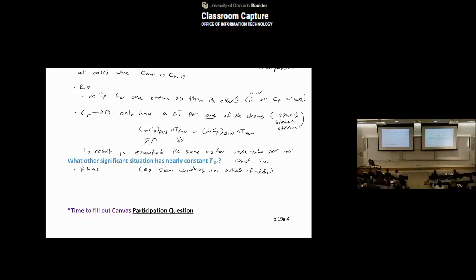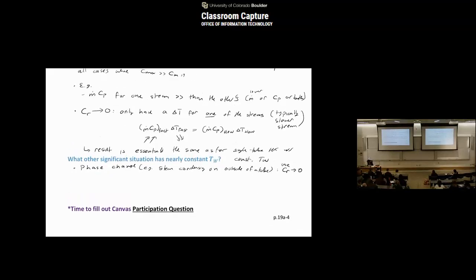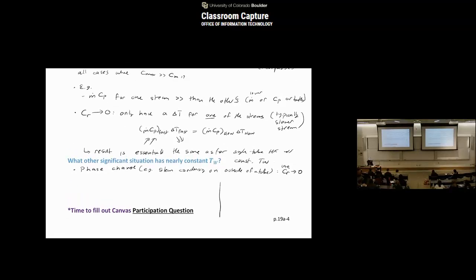These are also situations where we can use the limit of the C_R going to 0. And so you've probably seen a diagram that looks a little bit like this at some point, where this will be Q, this will be T. It's a phase change diagram. So it'll be a solid, it'll rise in temperature. It'll plateau for a bit, it'll go up again, it'll plateau, it'll go up. And this will be our liquid, this will be our gas.